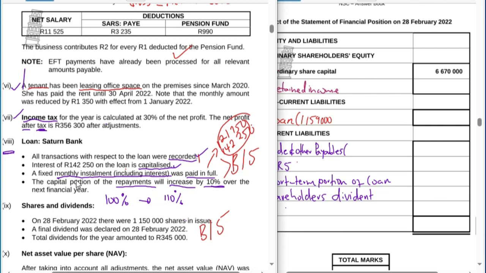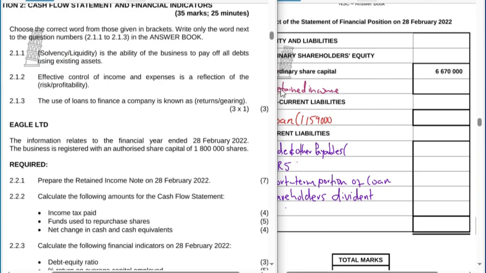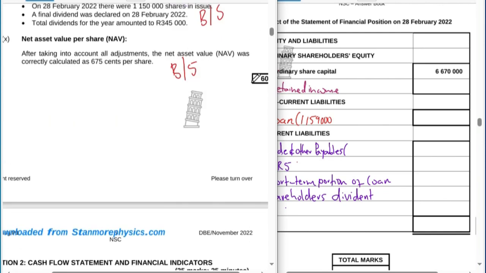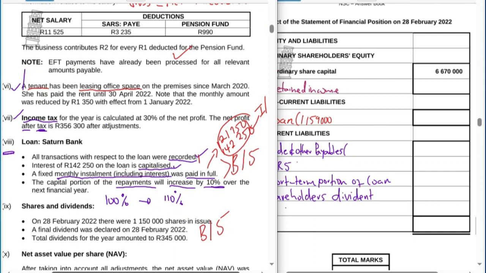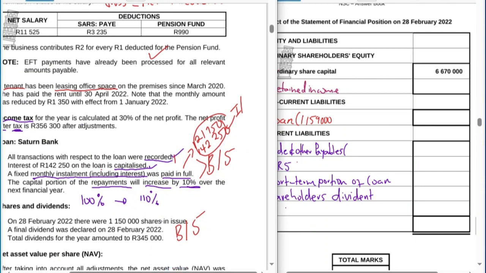And then 142,000 goes to the income statement, while 121,000 will go to the BRS. Whenever we add these two amounts, the interest on loan plus the repayment of loan, in loan it's capitalized.